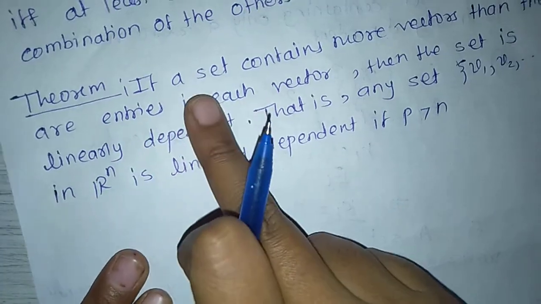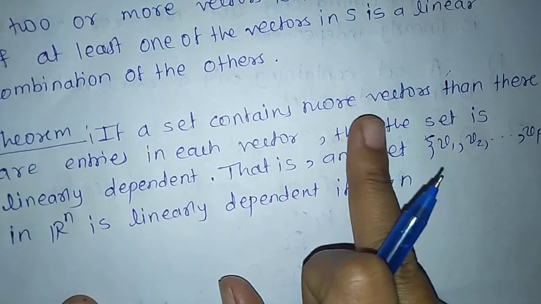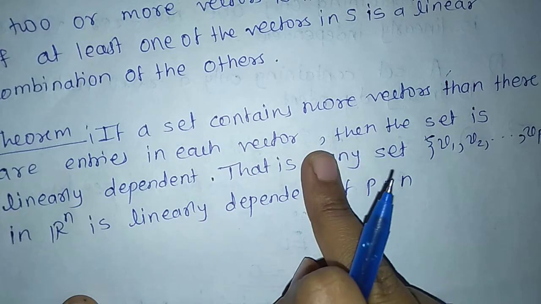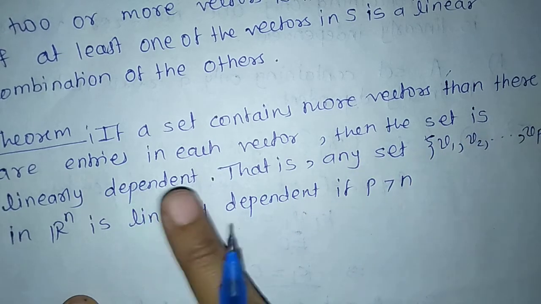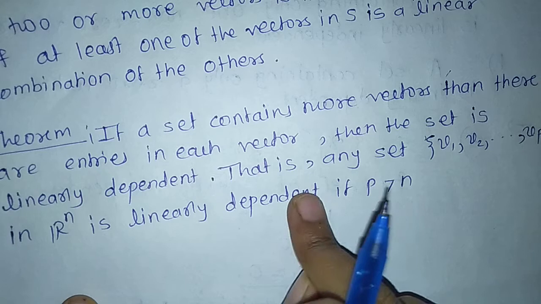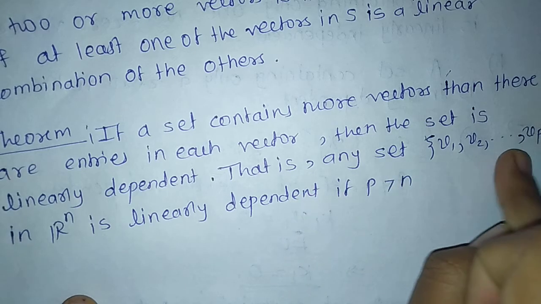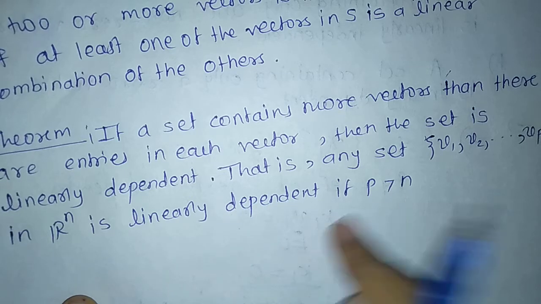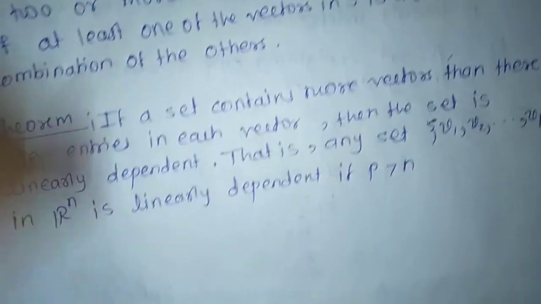Next theorem, if a set contains more vectors than there are entries in each vector, then the set is linearly dependent. That is, any set V1, V2 and so on Vp in Rn is linearly dependent if p is greater than n.